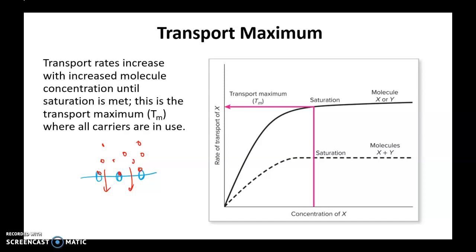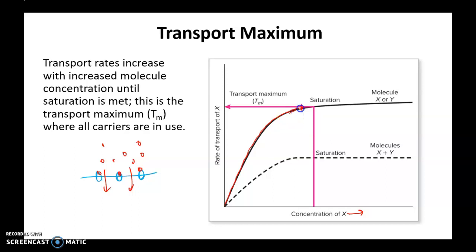So let's look at the graph. In this graph, on the x-axis, we have concentration of X, and on the y-axis, we look at the rate of transport of X. So as the concentration increases, the rate of transport increases. That's okay. However, at this point, there is a problem. All the transporters are saturated. Therefore, no matter how much the concentration increases, there cannot be any further transport.